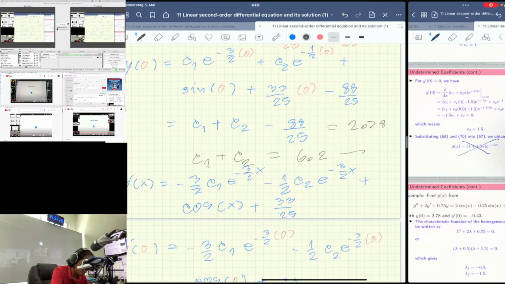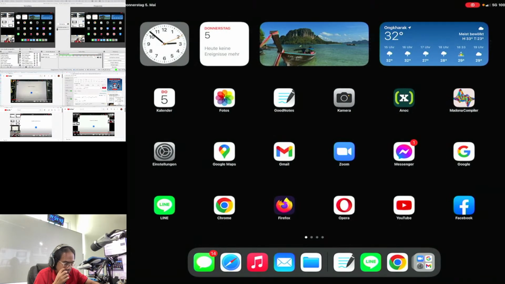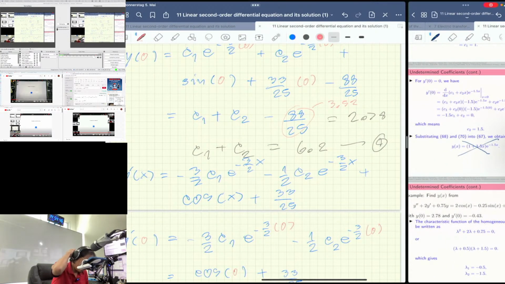Okay, equation number 4. According to the results from this one, okay, 3.52. 6.3.